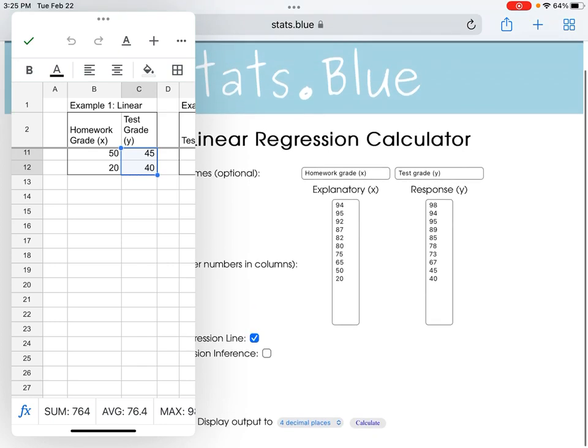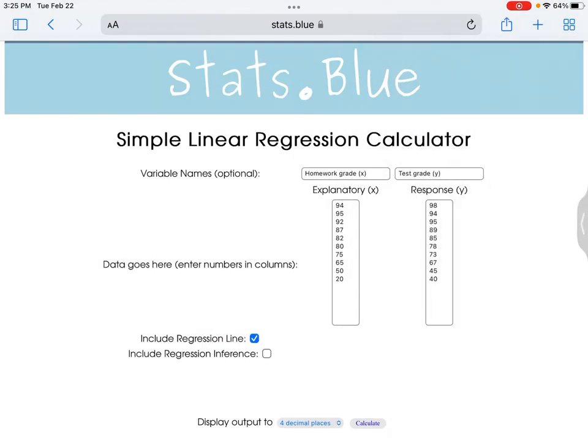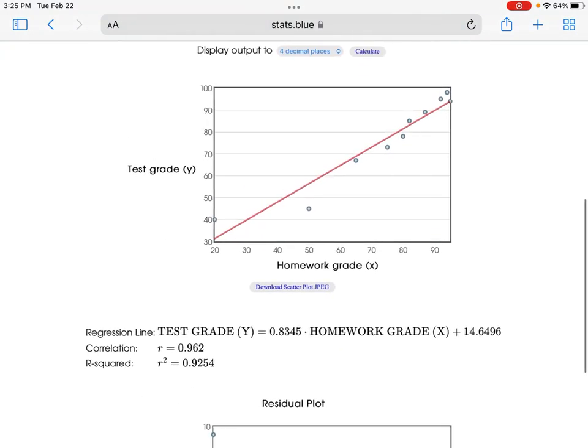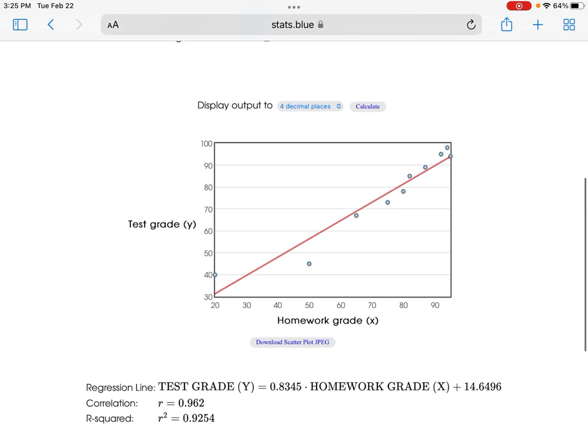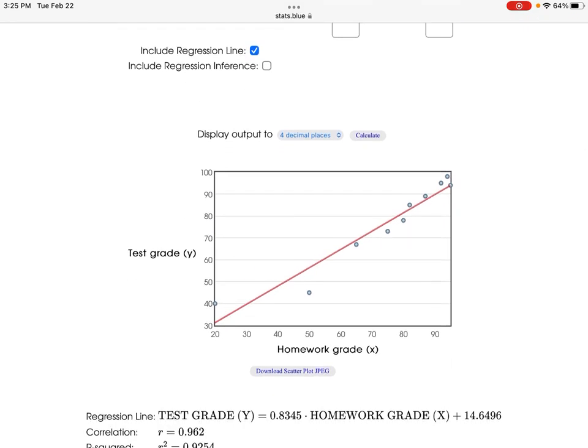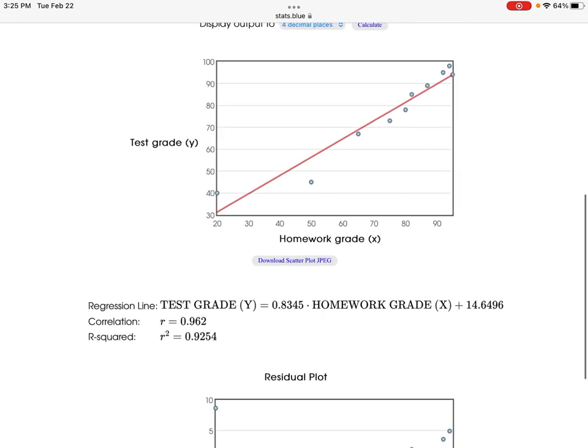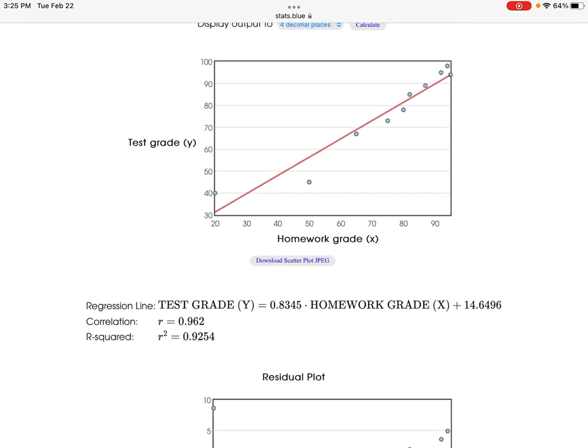And then I do want to use the include regression line, and I'll use 4 decimal places, so I'll hit calculate, and it brings up a scatter plot for you with the line of best fit on here. It's also called a regression line, two names for it. It also gives you an equation for that regression line.